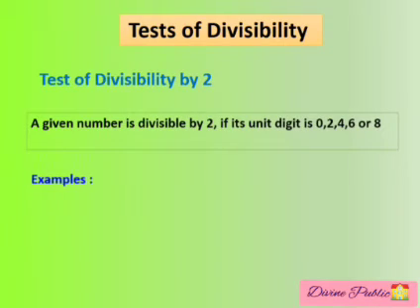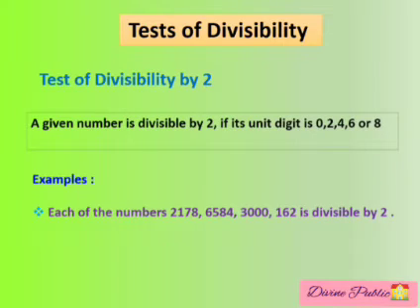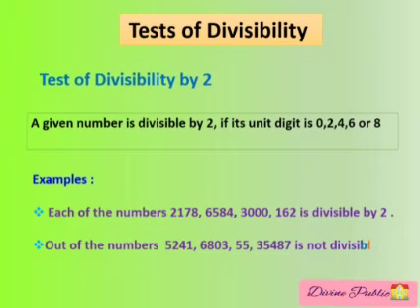For example, each of the numbers 2178, 6584, 3162 is divisible by 2. Out of the numbers 5248, 6803, 55, 35487, only 5248 is divisible by 2.